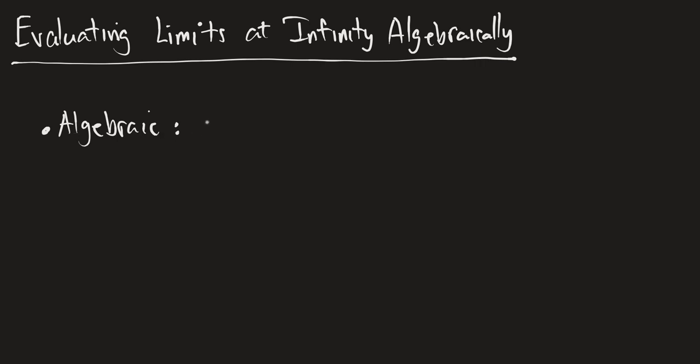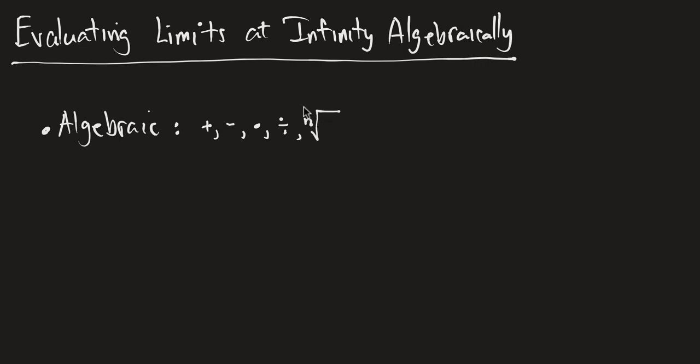I'll describe this type of function in terms of what operations you'll see in this function. So you'll see the four arithmetic operations: addition, subtraction, multiplication, and division, and also you will see roots. And that's supposed to be an n, because it doesn't have to be a square root. It could be a cube root, fourth root, any root.